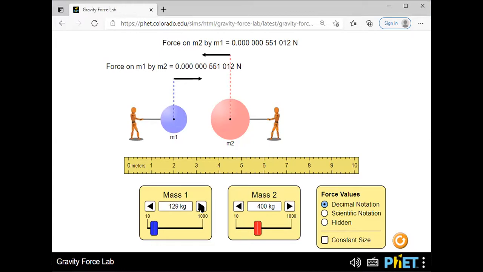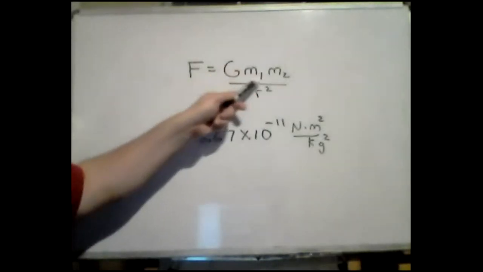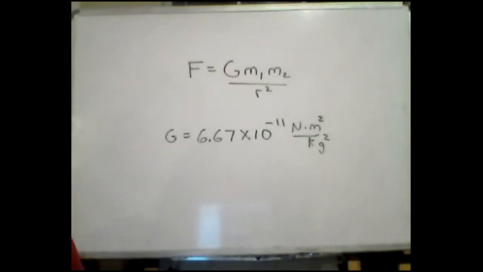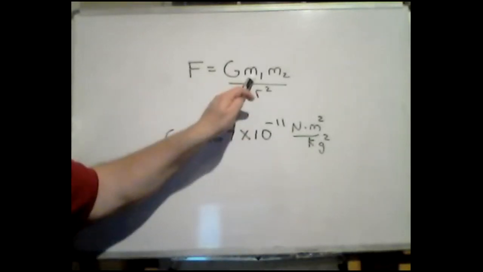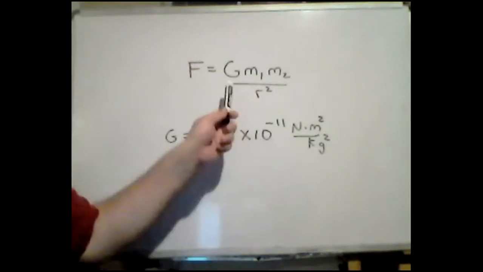Why is that? Again, you reference the equation. Why? Because the force is directly proportional to mass 1. The larger mass 1 is, the larger that force is. Again, reference that equation.